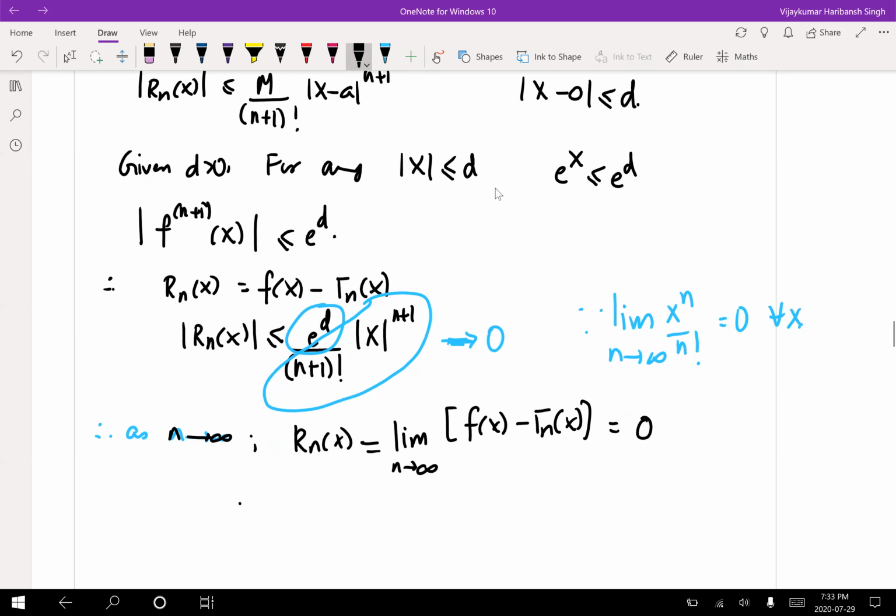So therefore, it means what? f of x equals T of x, which is the Taylor series of x.